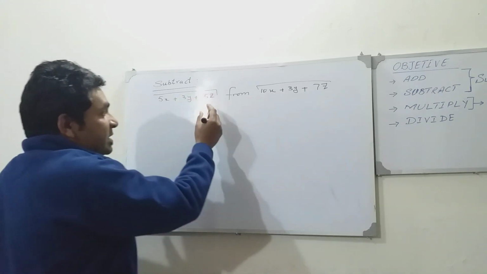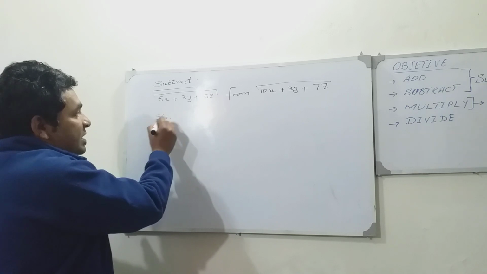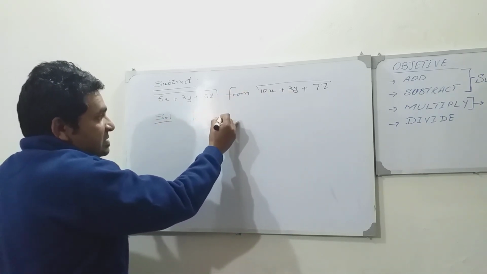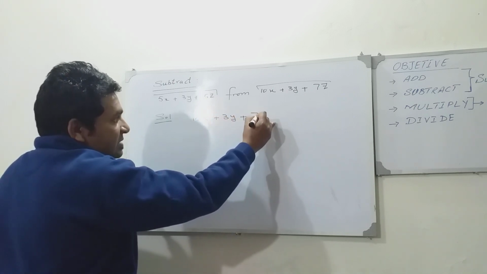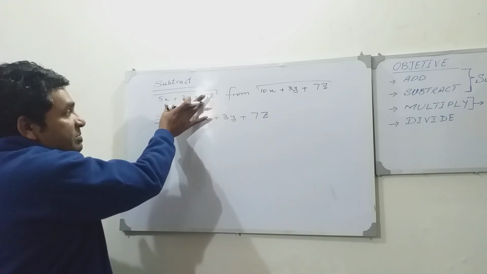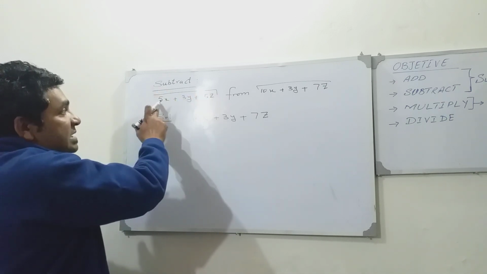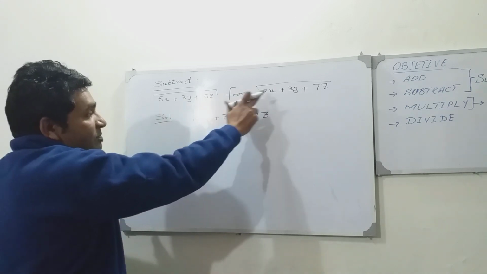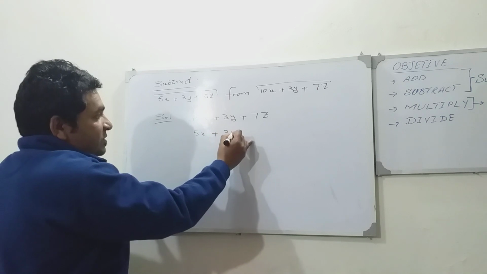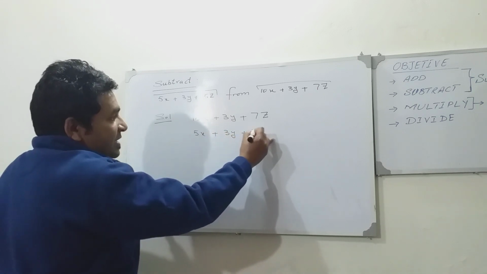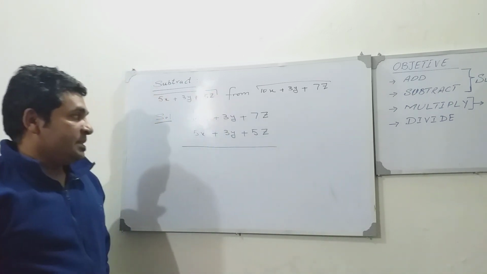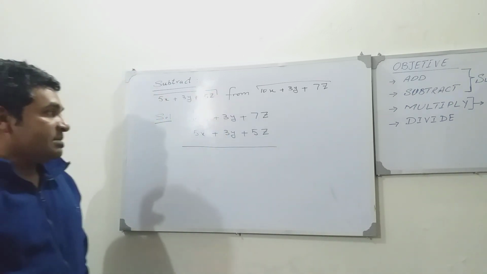So when we solve, we will write this first, 10x plus 3y plus 7z, and under it the expression which we have to subtract, because it is written subtract this from this: 5x plus 3y plus 5z. Then we put a line under it, like in a simple addition or subtraction.